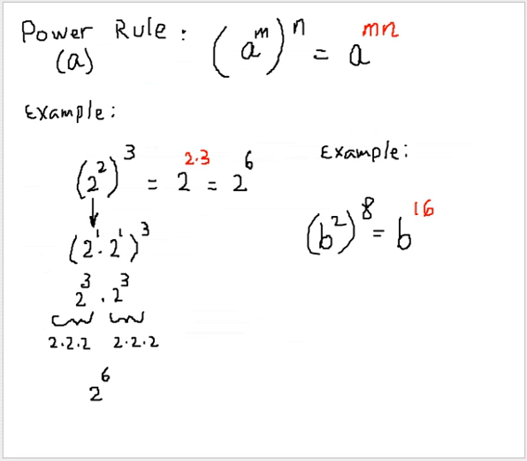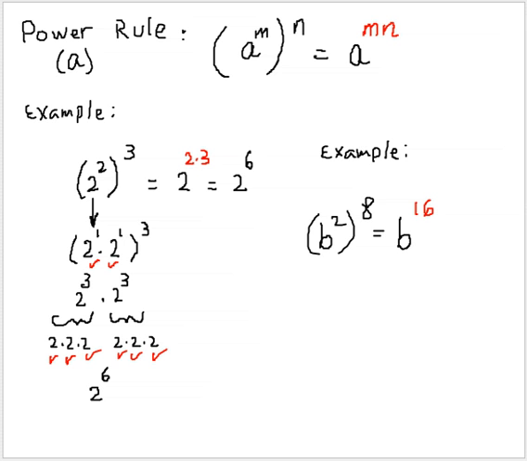And then we looked at 3 different types of power rule. The first one, a to the power of m, then to the power of n. In the example, 2 to the power of 2, the whole thing to the power of 3, means we have 2 2's, and each of those gets to the power of 3, so we get 3 2's each, for a total of 6 2's.